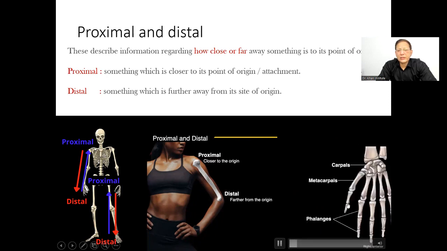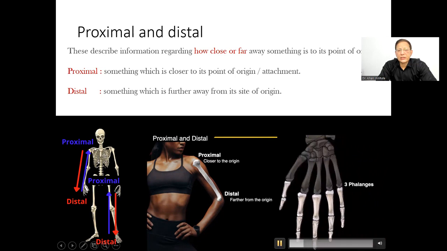Like in fingers, the bones in the fingers are called phalanges. So there are 3 phalanges, except the thumb, which has got only 2 phalanges. So considering these 3 bones, which are called phalanges, the starting bone from the palm, metacarpal, will be called as proximal, because this is very near to the joint, and the last one will be called as distal, and the middle one will be called as middle.